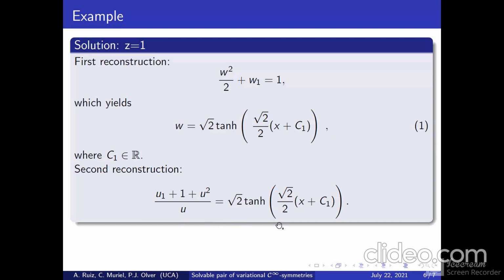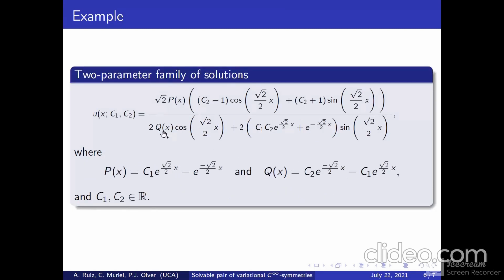It can be checked that by solving this first order equation, we obtain the following expression for the function u. And also it can be checked that this function u, which takes this form written here, satisfies the original fourth order Euler-Lagrange equation that we showed to you before, and for which it was apparently very difficult to find some exact solution.